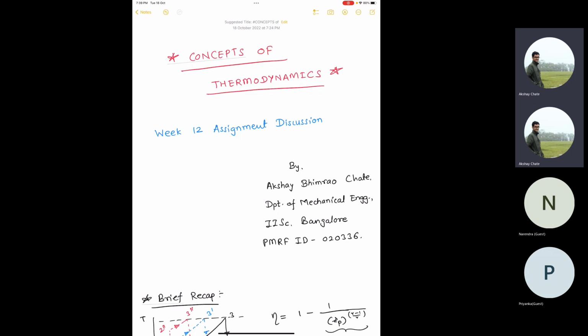See, the entropy of the universe is system plus surrounding. System is steel plus ammonia. For ammonia you are saying m(S2 minus S1), m delta S. And for steel, you are doing C ln, it should be C ln TF by TI, right? Yes. Here they have written 273 plus 30, ln 273 plus 30.